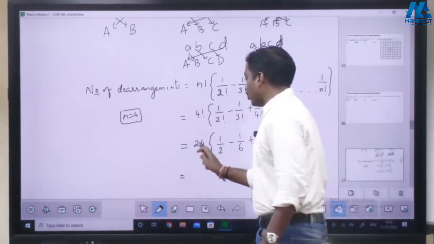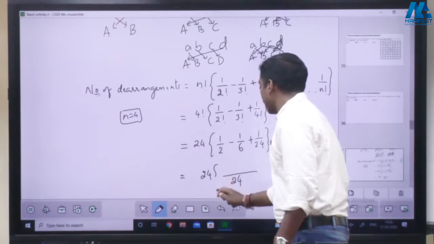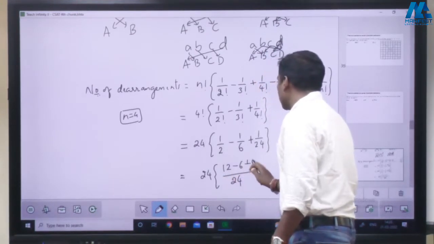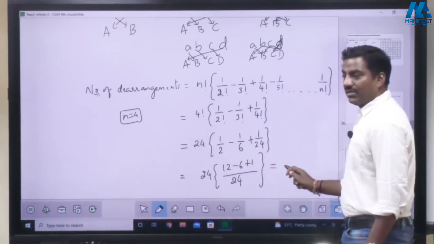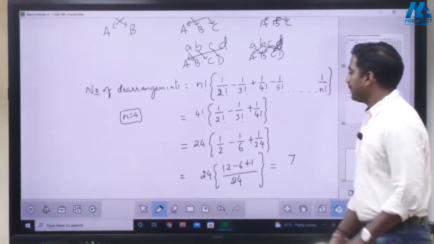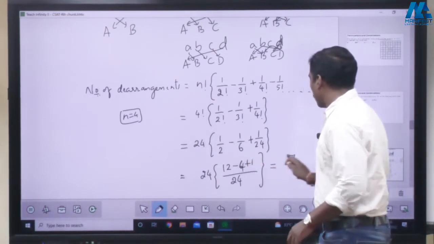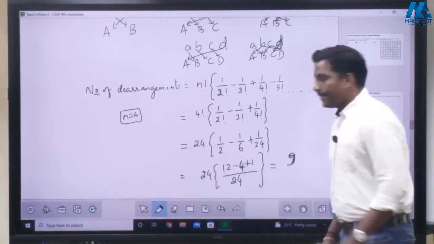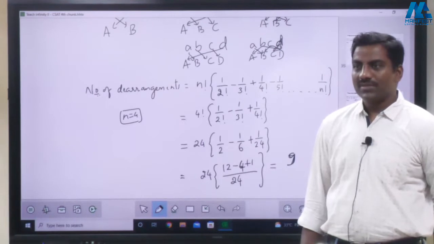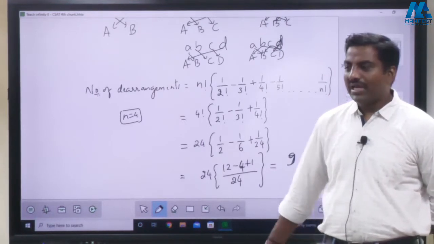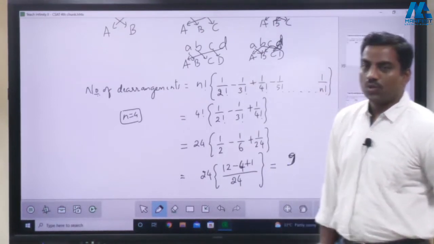You better put 24 only because you have to cancel this 24 later. So here 12 minus 4 plus 1. So this is equal to 9 over 24. So the answer is 9. So when 4 letters and 4 envelopes are there, if you want to make some fun, you can make it in 9 different ways. Yes? Okay.